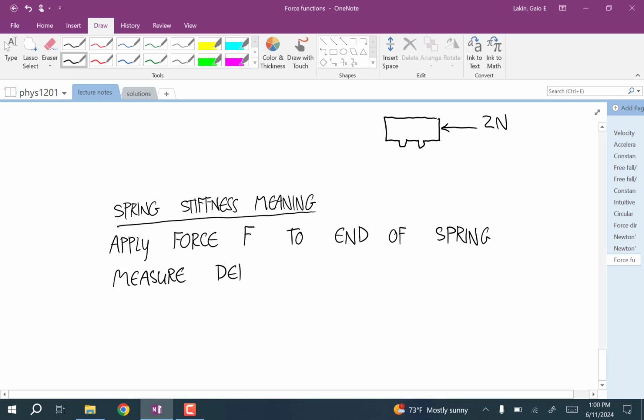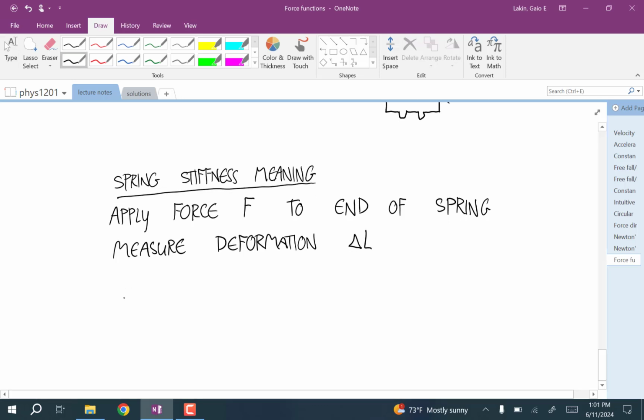So we're going to measure the deformation delta L. That's not the length of the spring after the deformation. That's how much the length has changed. Then the spring stiffness is just equal to the force divided by the change in length.